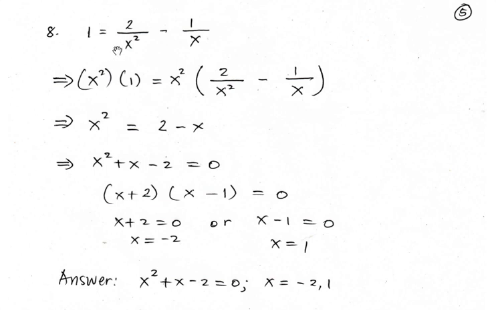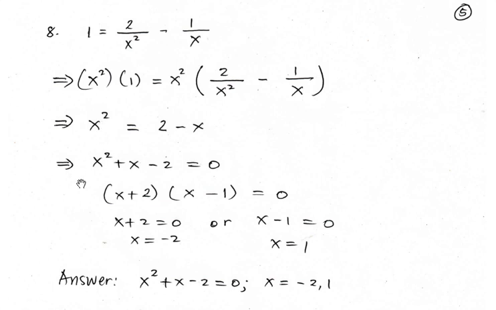So we have to find the LCD between x squared and x. It's going to be x squared for the LCD. Multiplying the LCD to both sides of the equation gives us x squared equals 2 minus x.